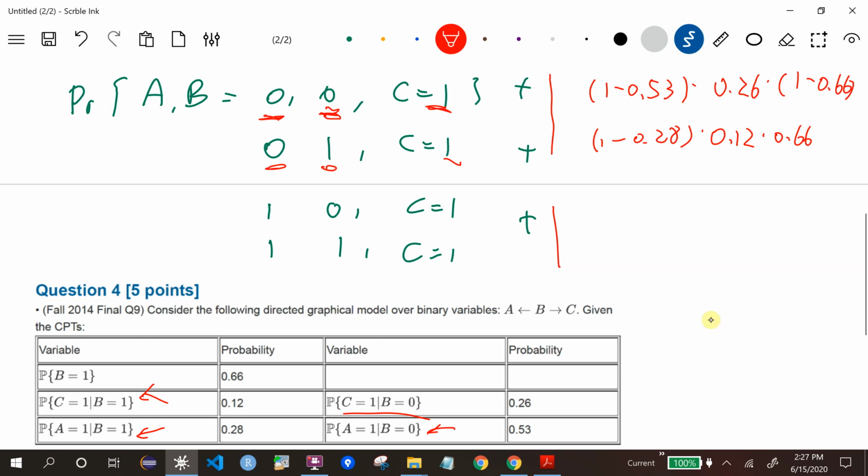Next, A is 1 given B is 0, we should have that exactly. And C is 1 given B is 0, we have that. And B is 0, so 1 minus 0.66.